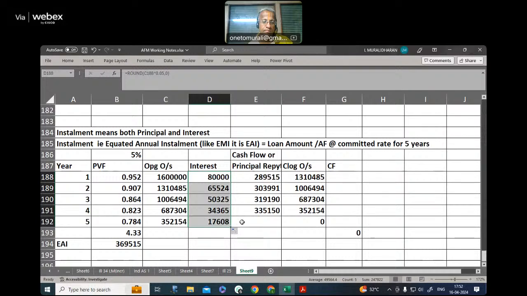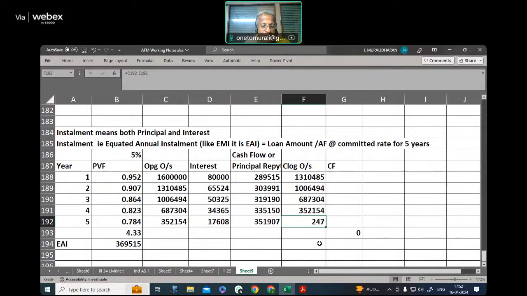So there will be a marginal difference of 247 you will be having.